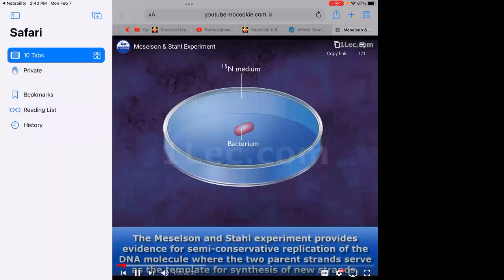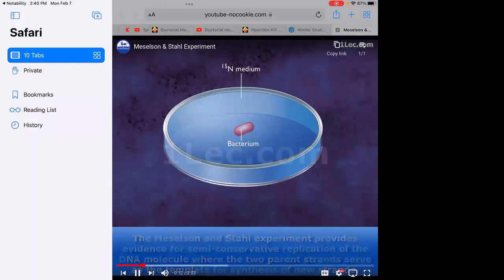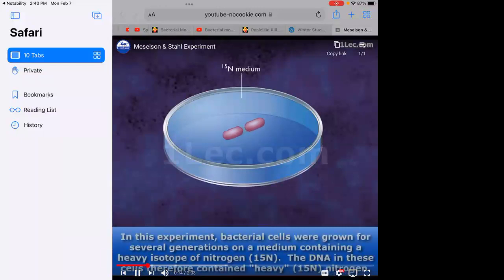The Meselson and Stahl experiment provides evidence for semiconservative replication of the DNA molecule, where the two parent strands serve as the template for synthesis of new strands. In this experiment, bacterial cells were grown for several generations on a medium containing a heavy isotope of nitrogen, N15.